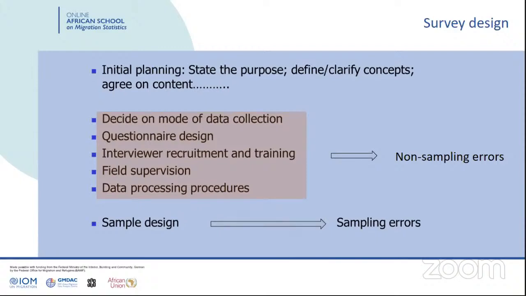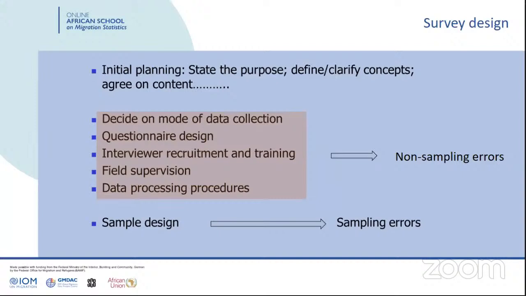I will come to that a bit later, but it is basically that if we only survey a small part of the population, our results will not be exactly the population parameters, the population results, but something else.